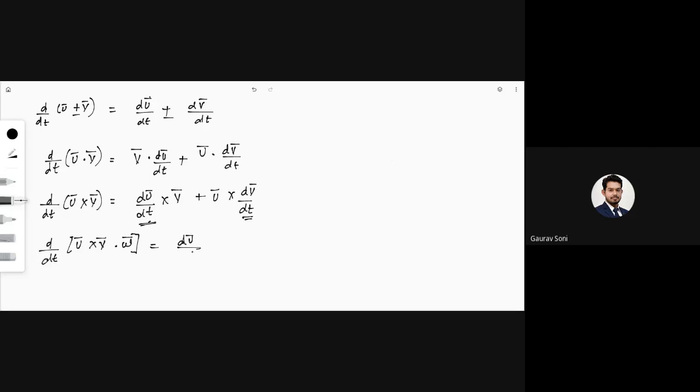It is du bar by dt cross v bar dot w bar, plus u bar cross dv bar by dt dot w bar, plus u bar cross v bar dot dw bar by dt.